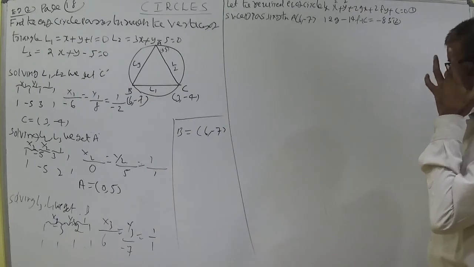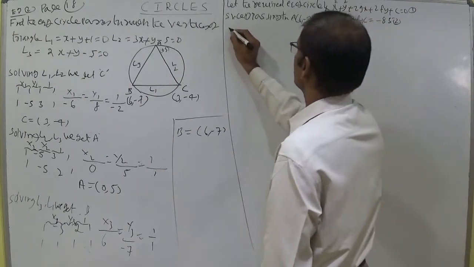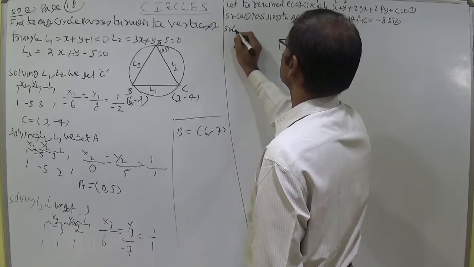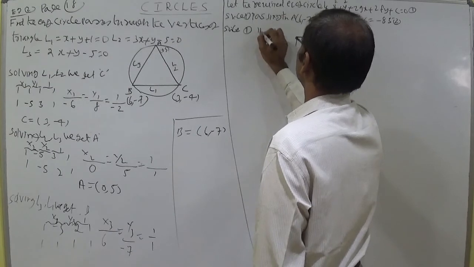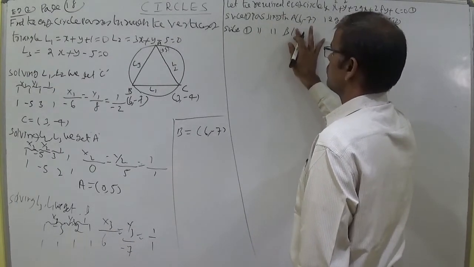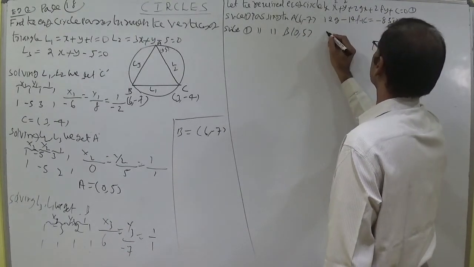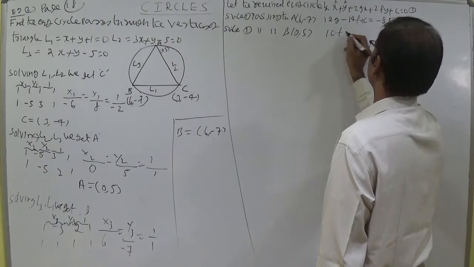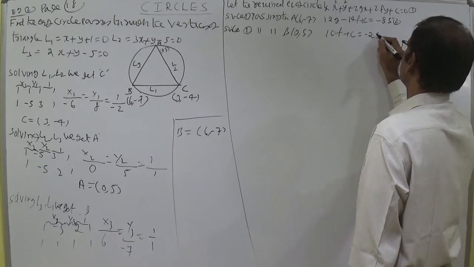Next, since it is passing through the point A, 0 comma 5, you substitute here simply 10f, no g value, 10f plus c is equal to minus 25.